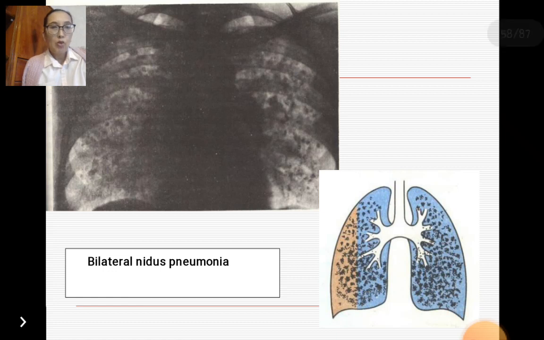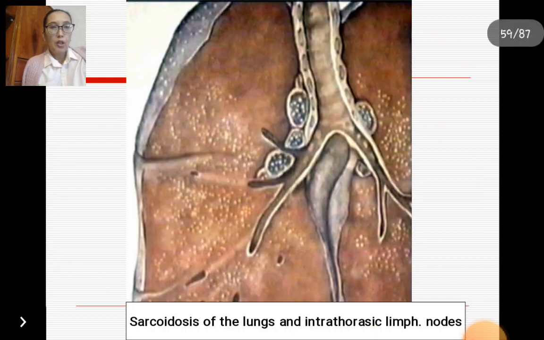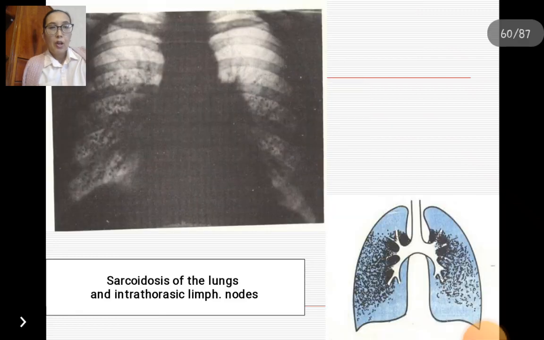Bilateral nidus pneumonia is one differential diagnosis. This is sarcoidosis of lungs and intrathoracic lymph nodes.